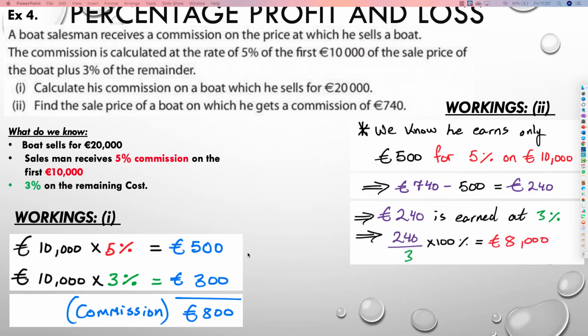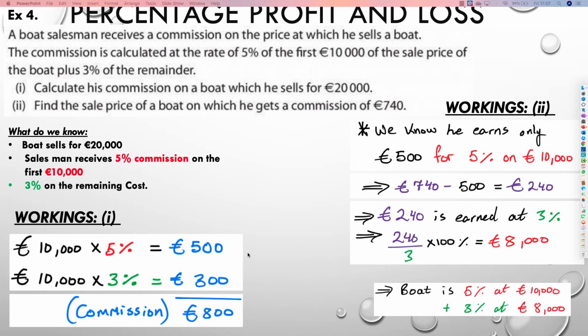So you divide by 3 and multiply by 100, it's 8,000 is the rest. That represents the remaining. Again, divide by 3 and then multiply by 100. That gives us the boat is 10,000 plus 8,000, which is 18,000. Is that alright? We're going to do exam questions on this now.